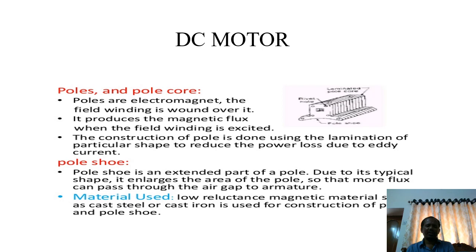Okay, next we are going to discuss the pole and pole core. Here you can see this is the pole. On the upper part of the pole is the field winding. This is the pole shoe, fastened with a screw to the stator.